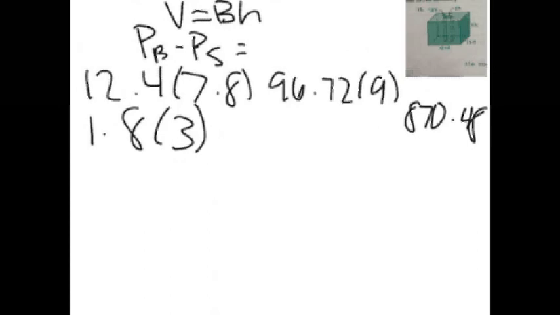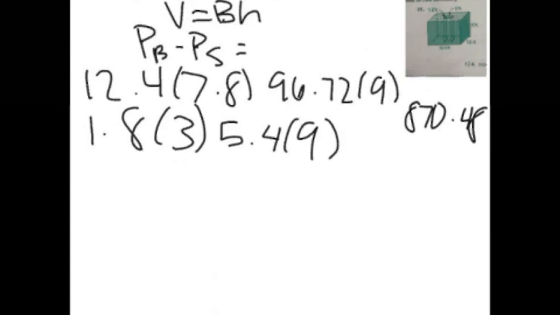So first you have to find the volume of the big prism, which is going to be 12.4 times 7.8, and that gives you 96.72. Then you multiply that by 9, which is the height, and you get 870.48. Next, you have to find the volume of the small prism, which is 1.8 times 3, and that gives you 5.4.